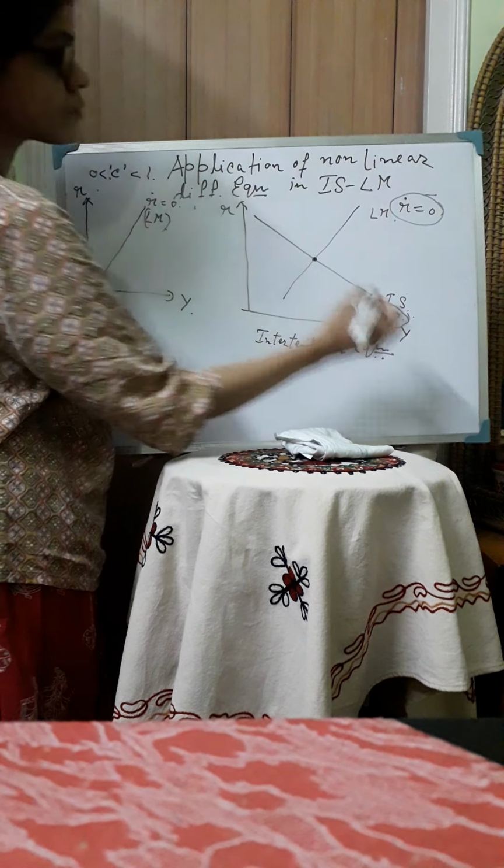Now here we can consider four regions, region 1, 2, 3 and 4, and we can consider four different points in these four regions, and we can observe the intertemporal movement of y and r in these four regions.